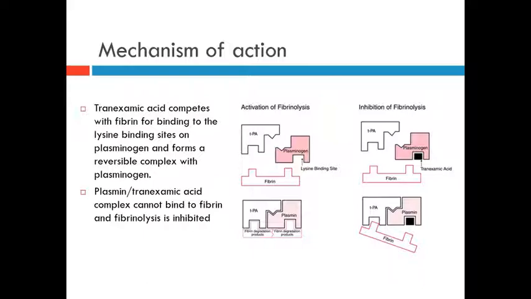We need antifibrinolytic agent which will stop the binding of plasminogen to fibrin. So in the figure on the right side, you can see that this black box, that is tranexamic acid, it binds to plasmin and hence plasmin cannot bind to fibrin. And due to this reason, the clot is not dissolved. The fibrin mesh is not dissolved.